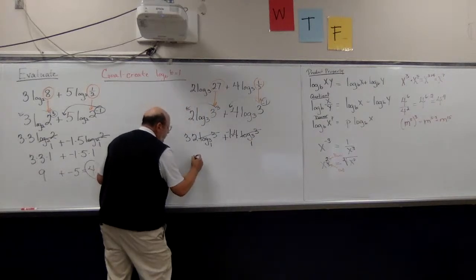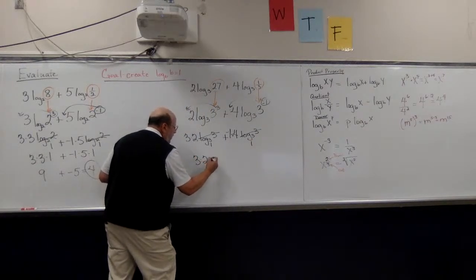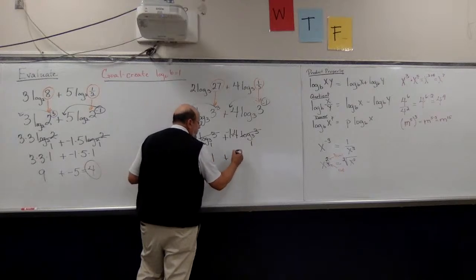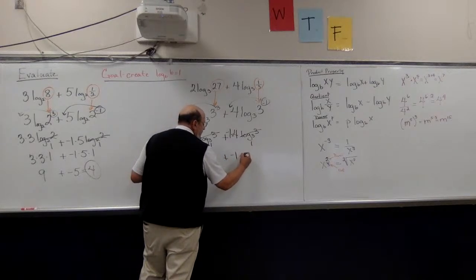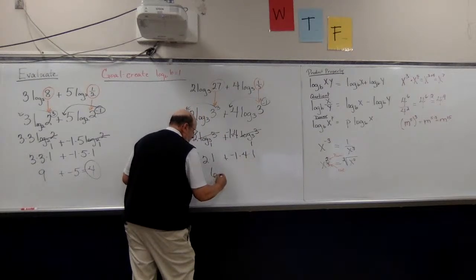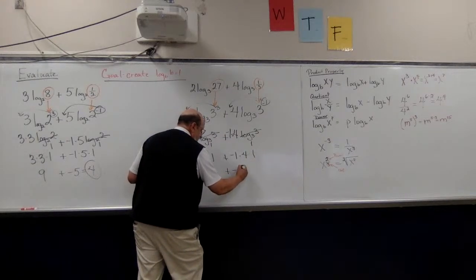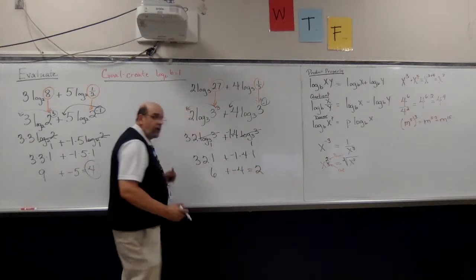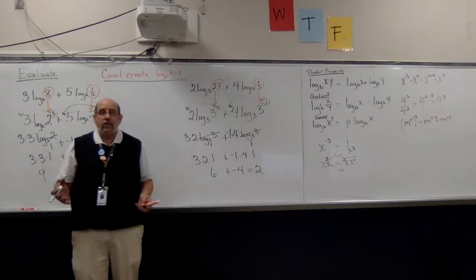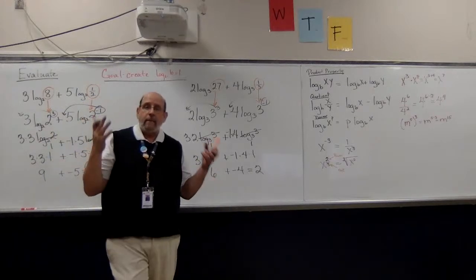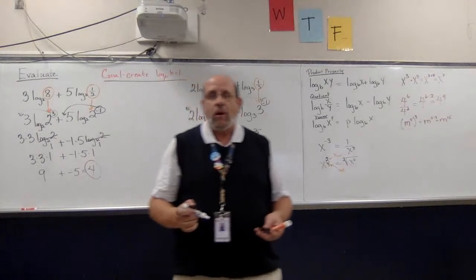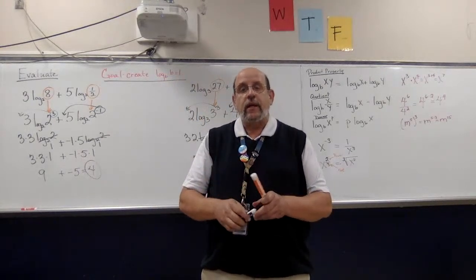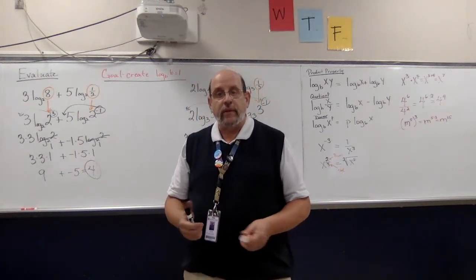So I have 3 times 2 times 1 plus -1 times 4 times 1. So it's 6 plus -4, which gives me 2. And that's evaluation. That was the big part of what we did yesterday and repeated today.